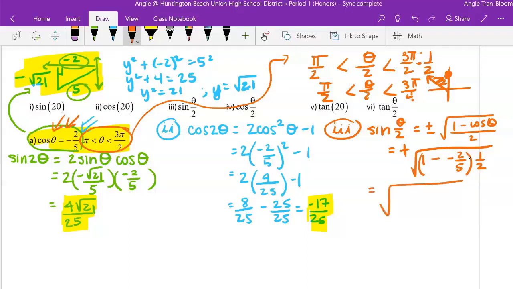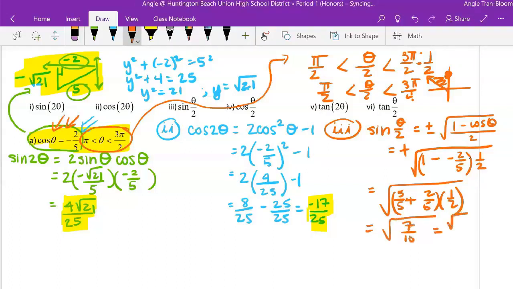I'm going to find the common denominator, which is now 5 over 5. 2 subtractions make it positive. 7 over 5 times a half. So that's going to give me 7 over 10. Now that's like radical 7 over radical 10, which now I need to rationalize the denominator.